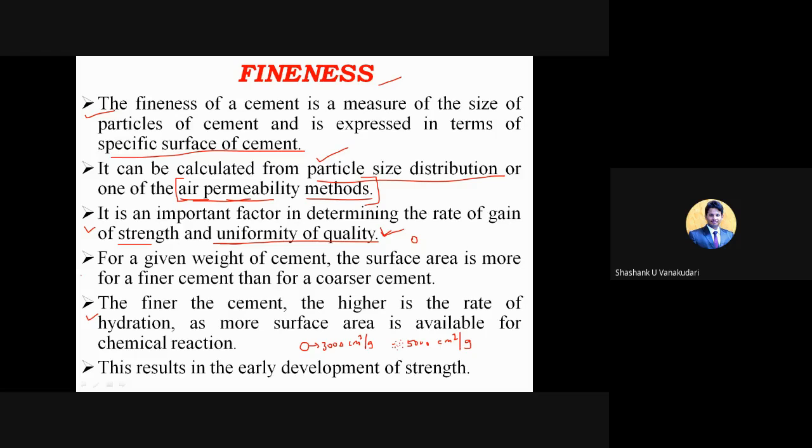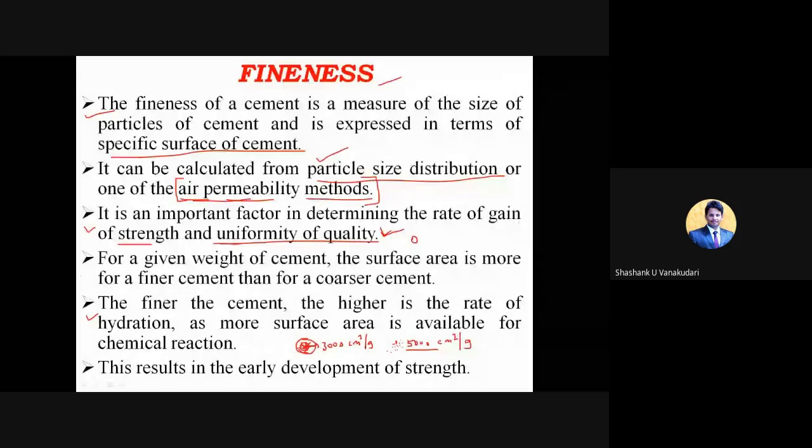Whatever area you get once you break this, the area is around 3000, and you can consider these as the entire particles. But here, the particles' surface area will be 5000, when you have divided these particles, I mean when you have crushed them still more, which is going to give more surface area. Clear?